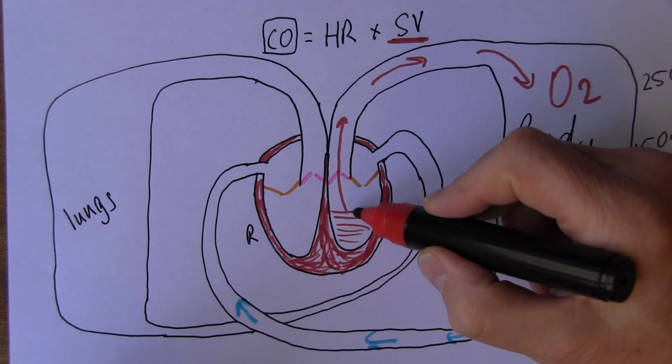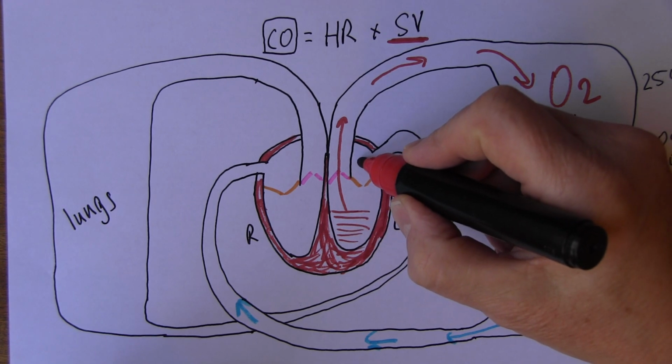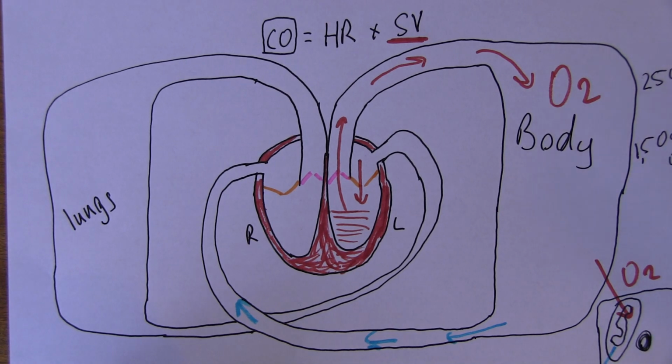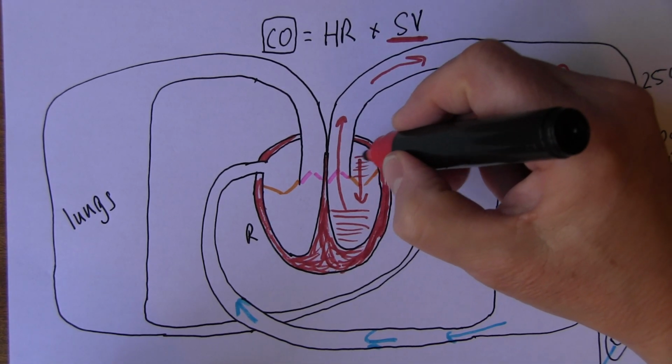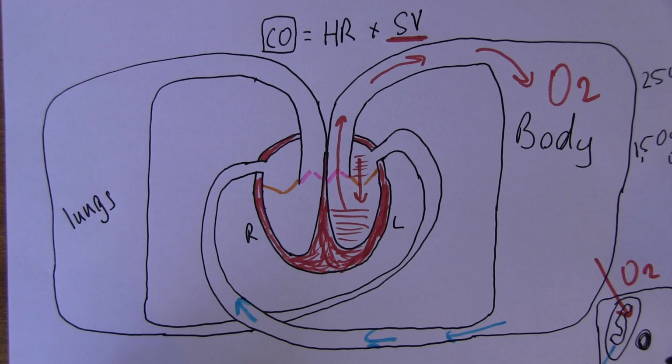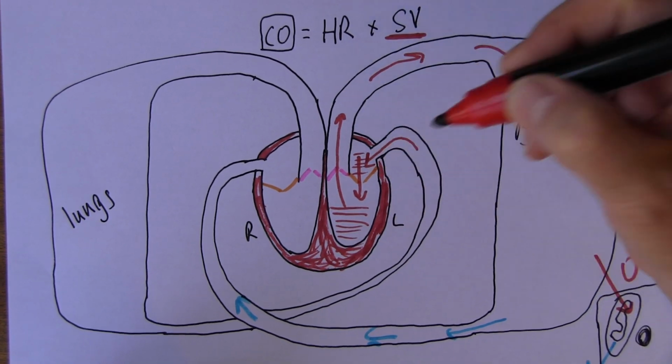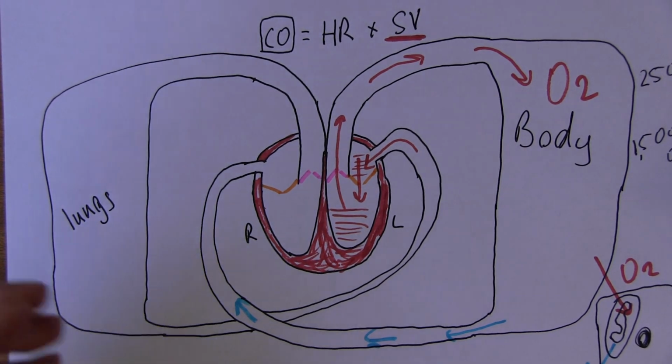Well, if this is already partly full, it's going to inhibit the flow of blood from the left atrium to the left ventricle. So we can get a backlog of blood into the left atrium as well. Now, is that going to make it easier or harder for blood to leave the pulmonary veins? Well, clearly it's going to be harder.